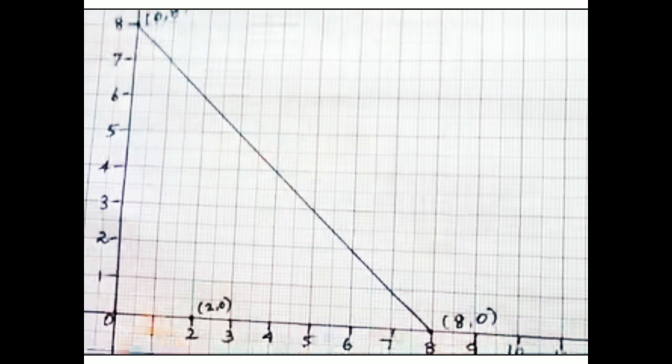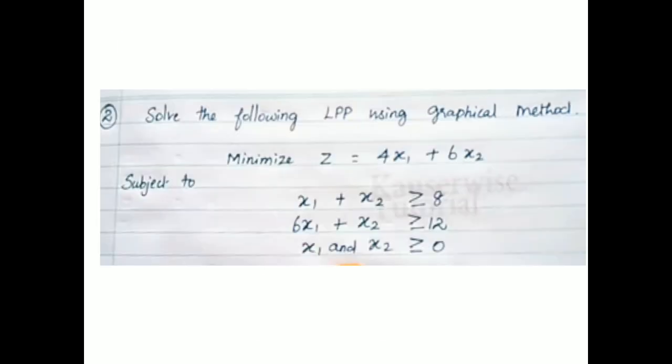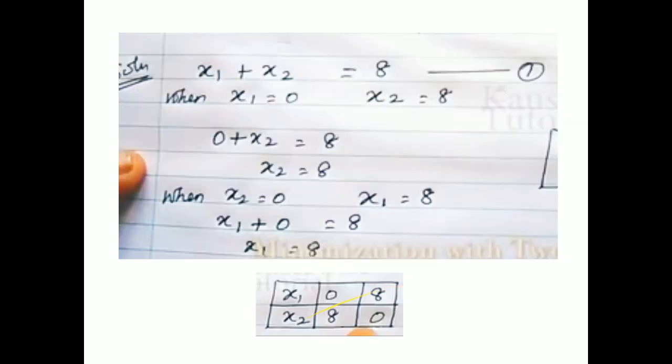Next step is, again I will be taking the second inequality constraint and will convert it into equation form. So the second inequality constraint given in the question is 6x1 plus x2 greater than or equal to 12. So I have to convert this inequality constraint into the equation form.